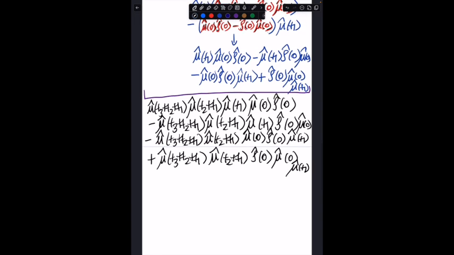So these are our first four terms, and then you will have the other four terms with a negative sign.